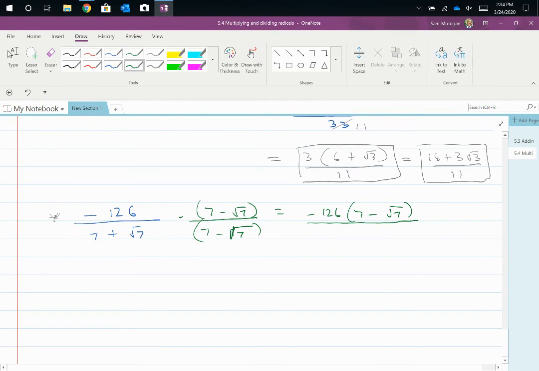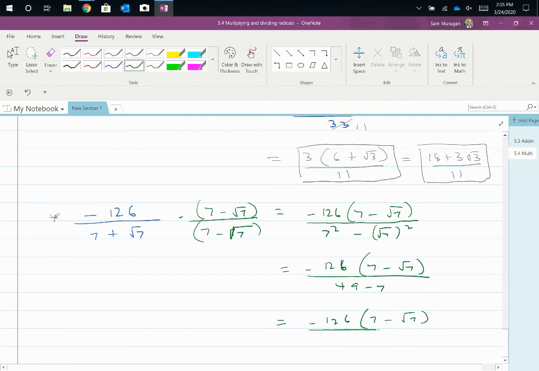Conjugates on the denominator give 7 squared minus square root of 7 squared. So negative 126 times 7 minus square root 7 over 49 minus 7, which is negative 126 times 7 minus square root of 7 over 42.